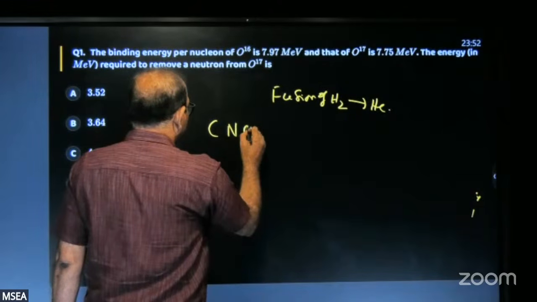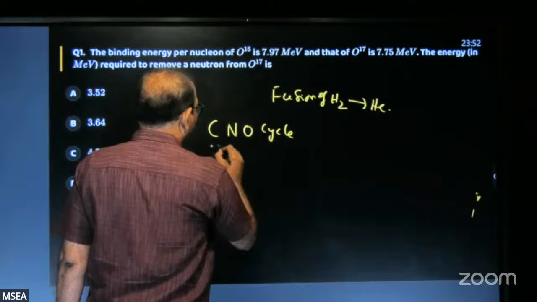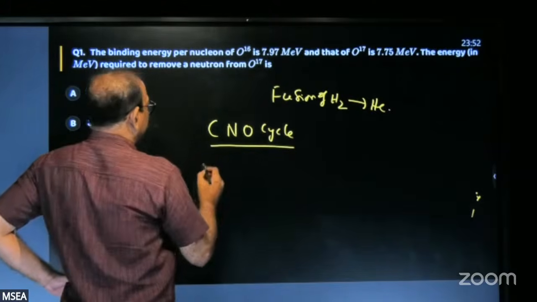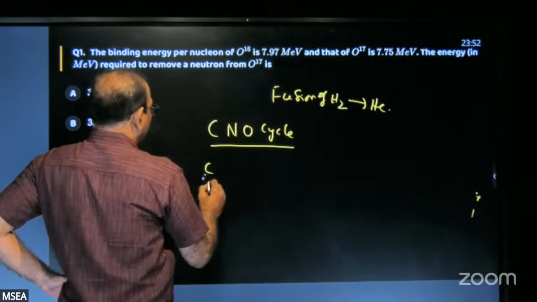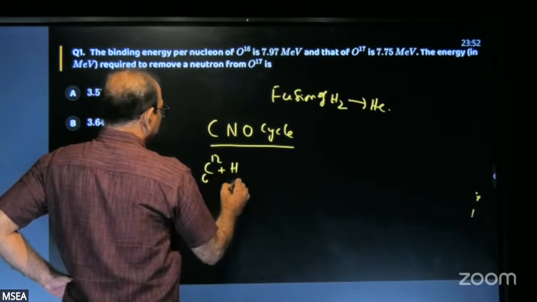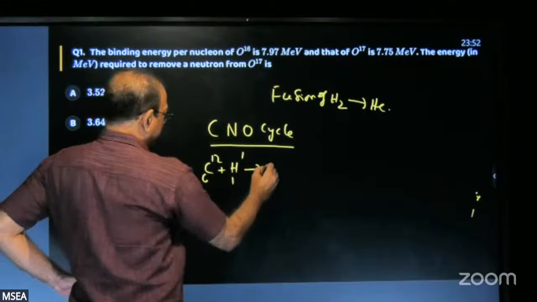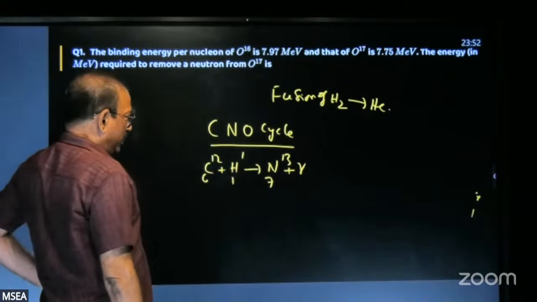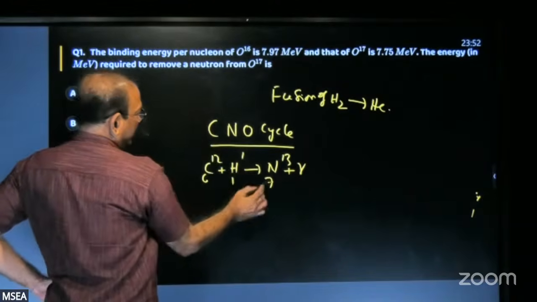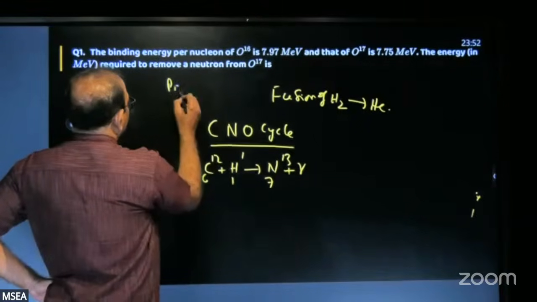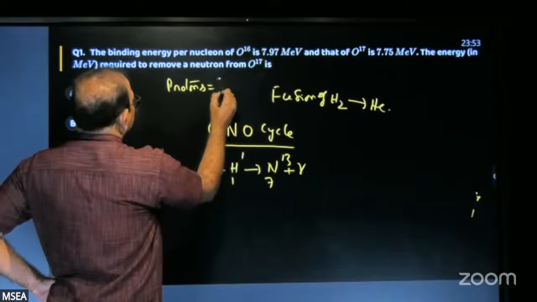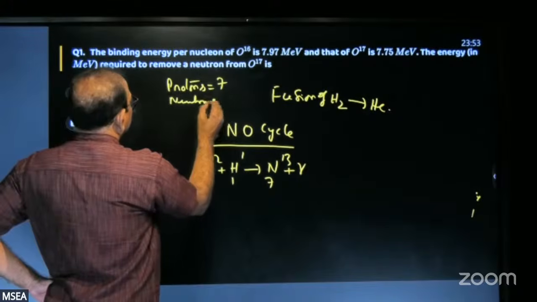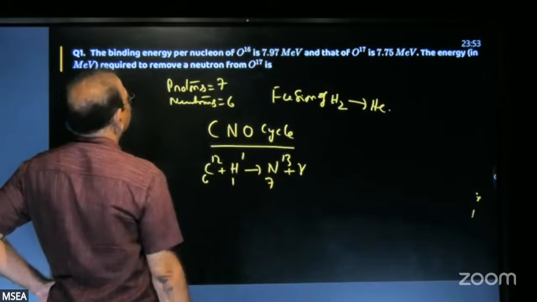One is the carbon, nitrogen, oxygen cycle. In this cycle, what will happen? One carbon nucleus fuses with one hydrogen nucleus to form nitrogen-13 (N 7, 13), and a gamma ray photon is released. This nitrogen-13 has 7 protons and 6 neutrons, 13 minus 7.